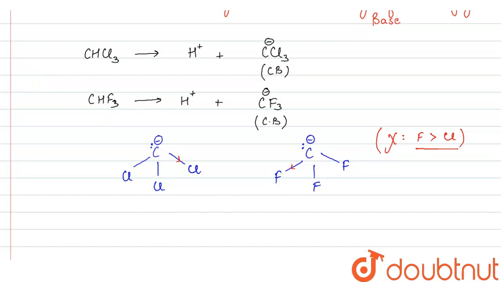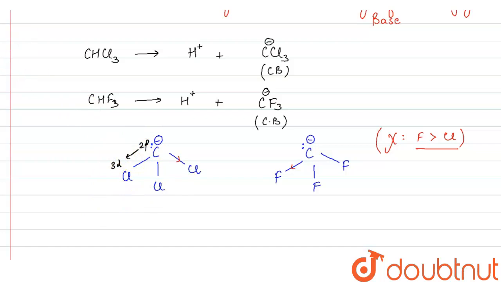Now this is because in carbon, these two electrons are present in the 2p orbital, and in chlorine there is a vacant 3d orbital. Chlorine has a vacant 3d orbital. So what can carbon do? Carbon can donate this lone pair from its 2p orbital to the 3d orbital of chlorine. So here resonance takes place.